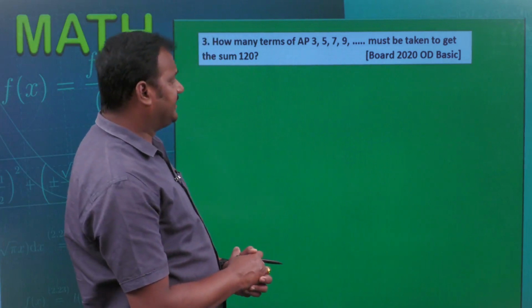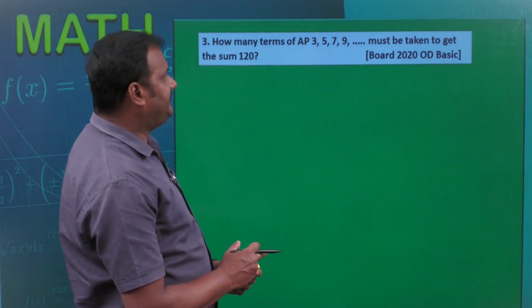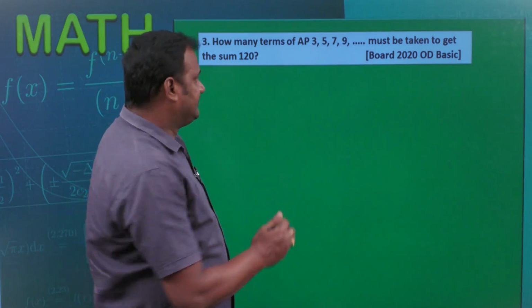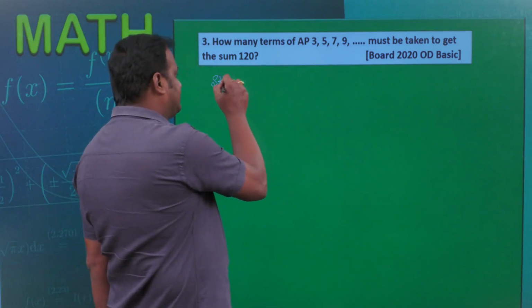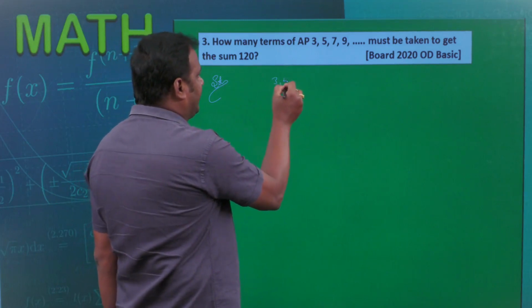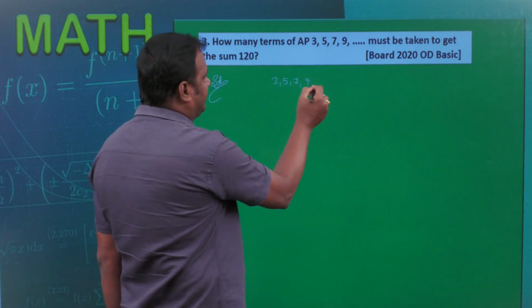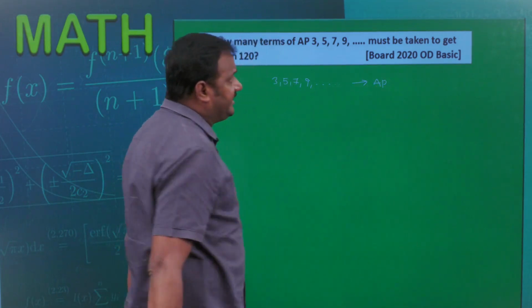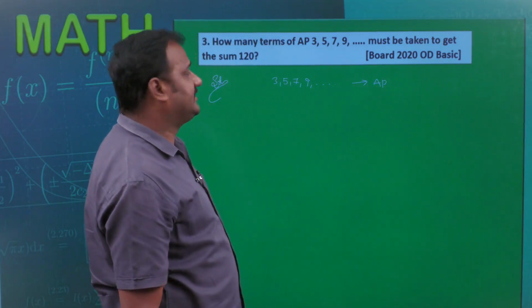How many terms of an arithmetic progression 3, 5, 7, 9 and so on must be taken to get the sum 120? The given arithmetic progression here is 3, 5, 7, 9 and so on. How many number of terms must be taken to get the sum 120?